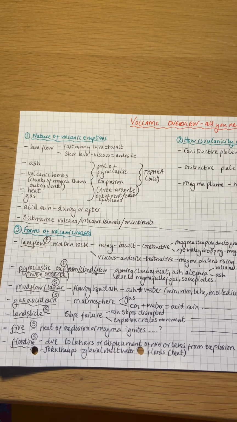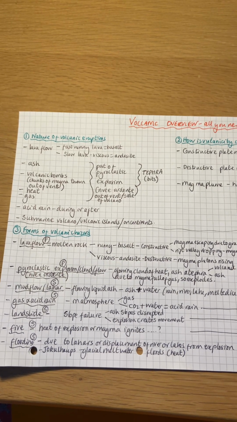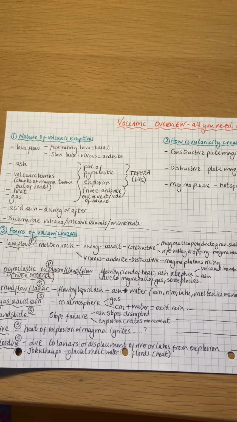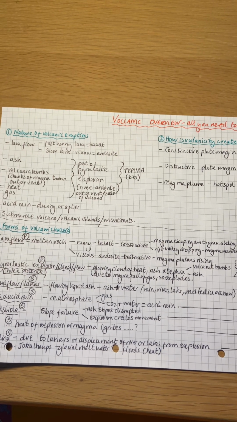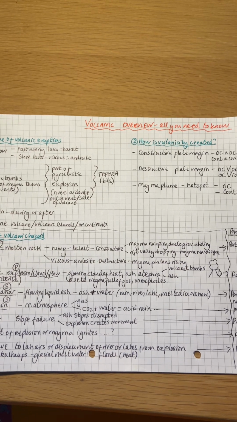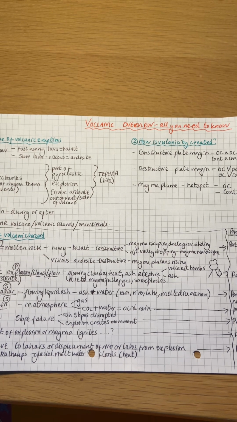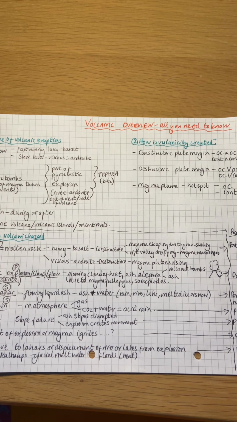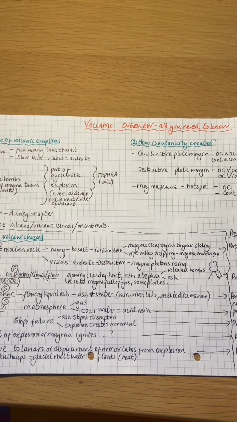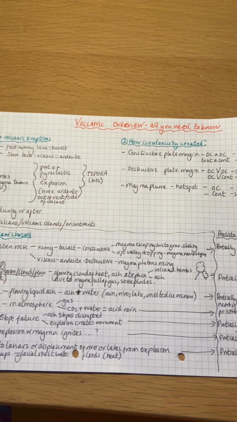Basically, it's a glowing cloud of heat, ash and tephra. So the tephra, obviously the bombs and the ash, and a little diagram there just kind of showing you it shoots out of the top and can roll down the side of the volcano, mainly due to the fact that magma is full of gas, so therefore you get more of an explosive hazard.